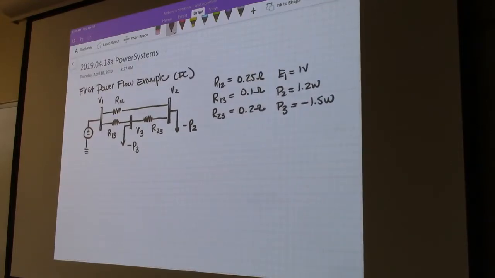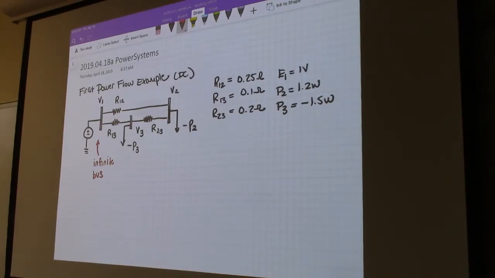So you see that a lot of this mirrors the 3-bus system that we talked about in the very beginning, even though it's DC. This is an infinite bus, right? It can supply an infinite amount of real power, and there's no reactive power in this case.